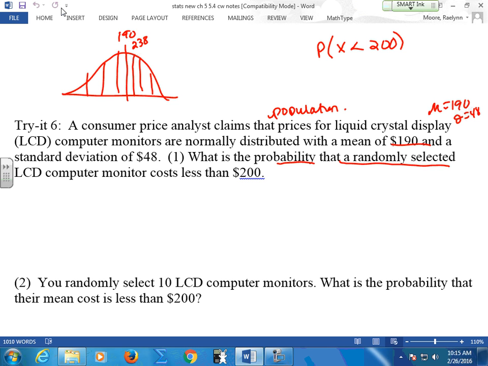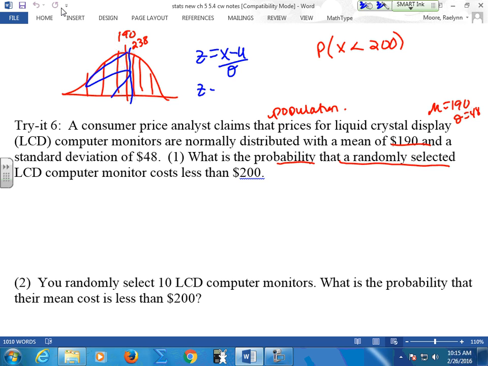Now, I want to be less than 200. So 200's in here somewhere. So give me a guesstimate. What are we looking at? 55? It's got to be over 50. So I use my z-score formula. I've got my population going on here.